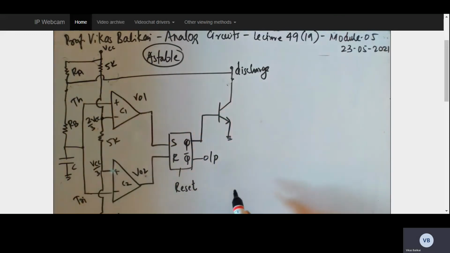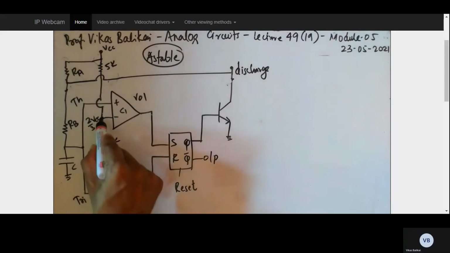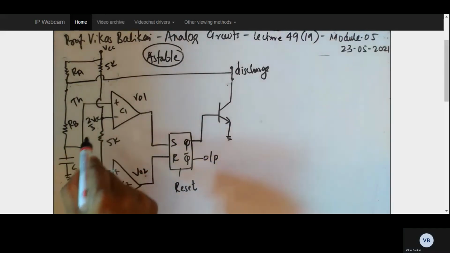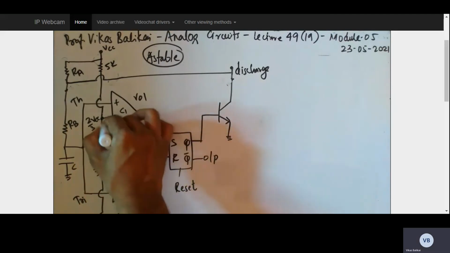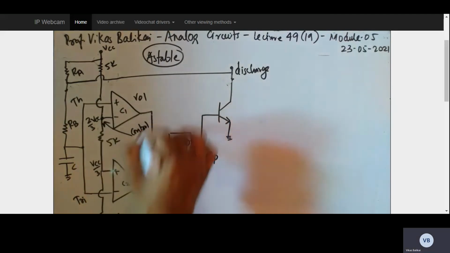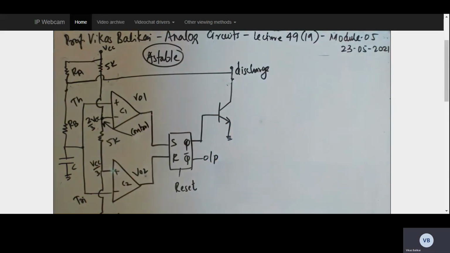Due to the voltage division rule applied across these resistors, the voltage at this node, which is my control terminal, will be 2 by 3 VCC, and the voltage at the non-inverting terminal of comparator 2 will be VCC by 3. This is as per the voltage division rule across those 5 kilo ohm resistors.